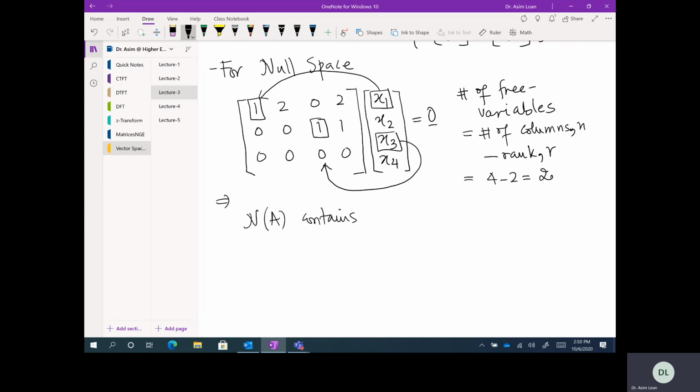And those free variables are this one and this one. So these are the two free variables.